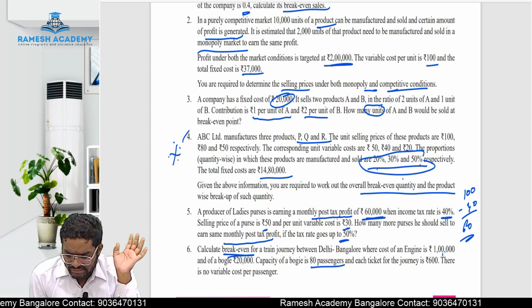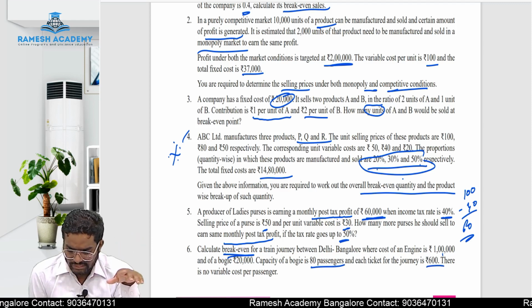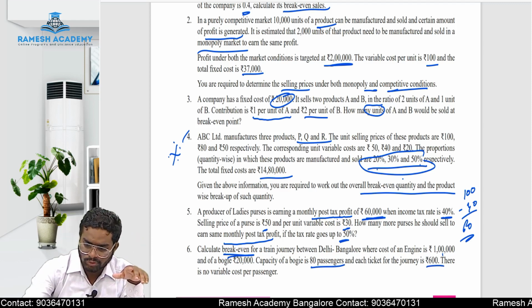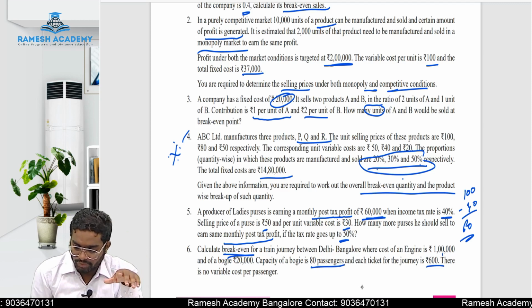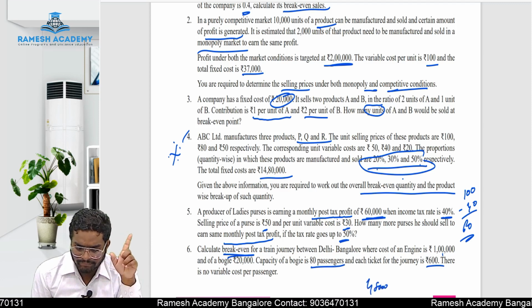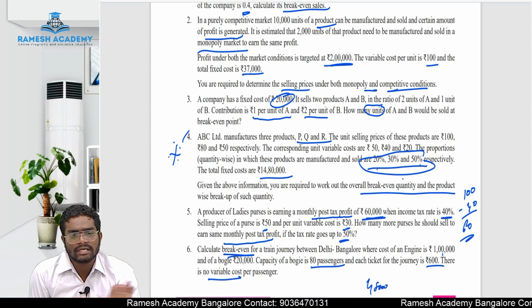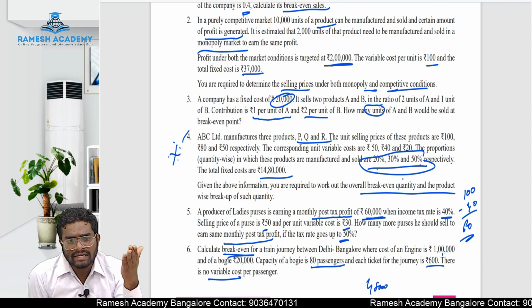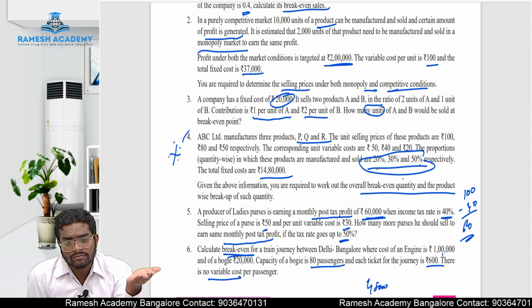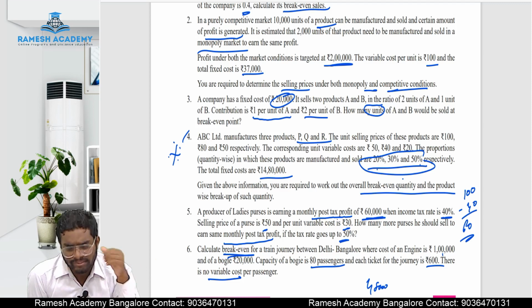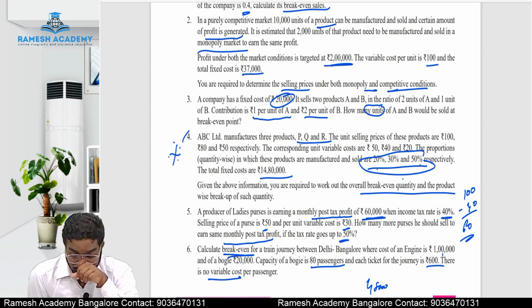Capacity is 80 passengers, ticket is 600. So my sales would be 48,000 in each journey. Now there is no variable cost, which means the numerator for contribution and the denominator for sales are the same. So it is 100%.